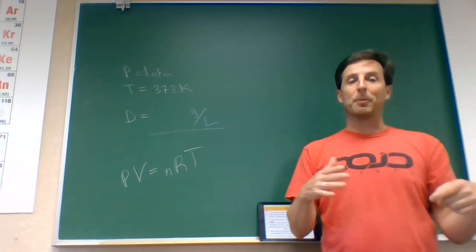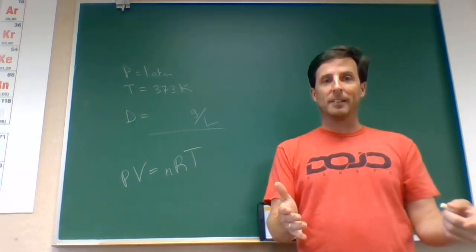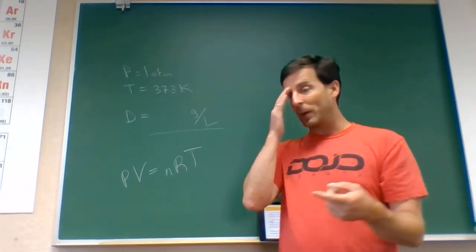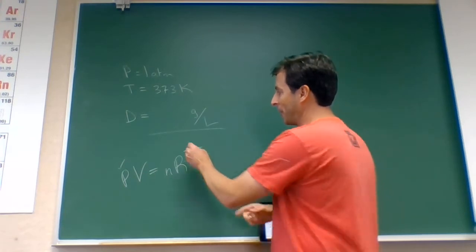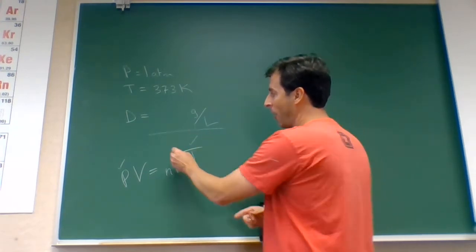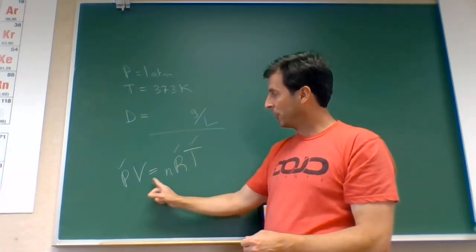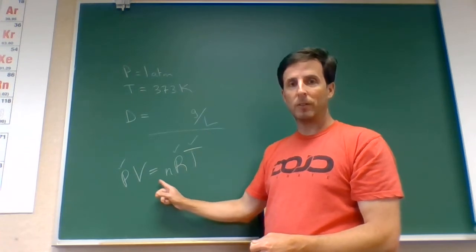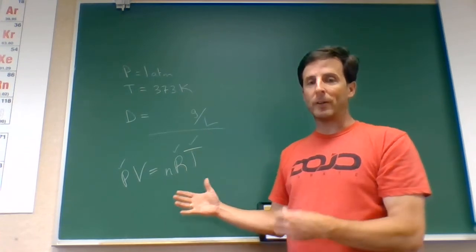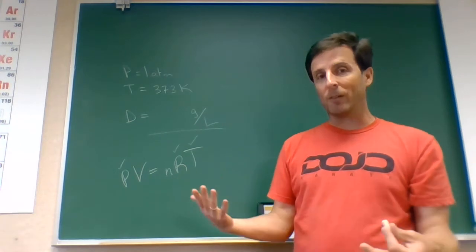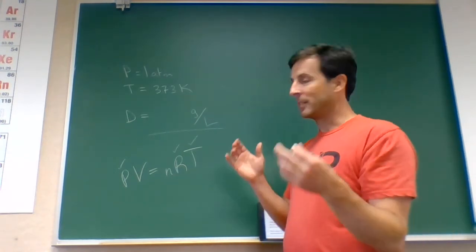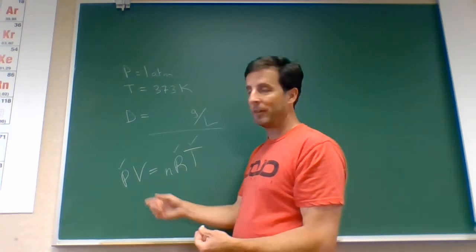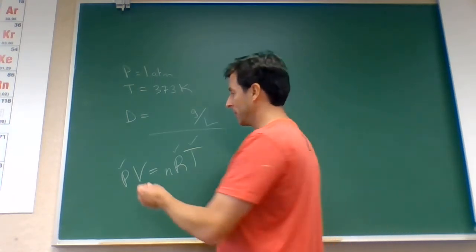Let's just pretend we had 10 liters of this gas and figure out what the density is, because I know the pressure, the temperature, and R, but there are still 2 values that I don't know. With only 1 equation, I can't solve it. So I'm going to lock in and assume that I have 10 liters.